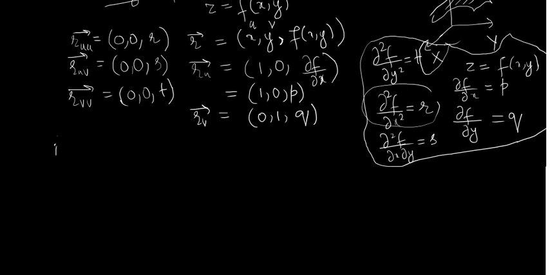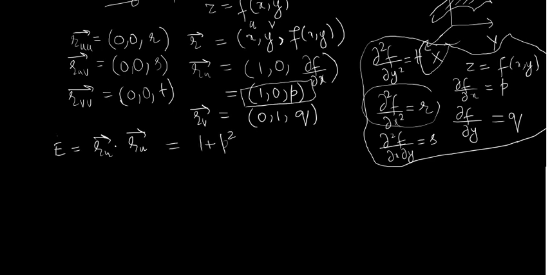E is equal to r sub u dotted with r sub u. So you have to dot this vector, 1, 0, p, with itself. What will you get? This would be 1 plus p square.